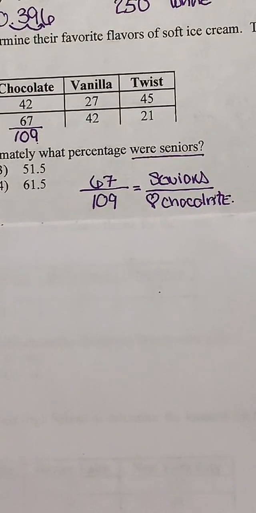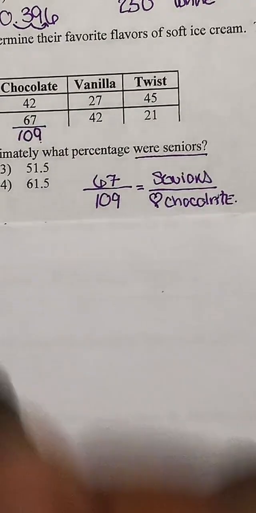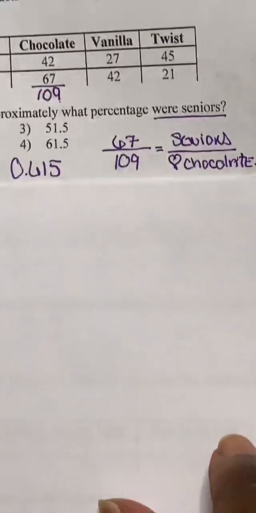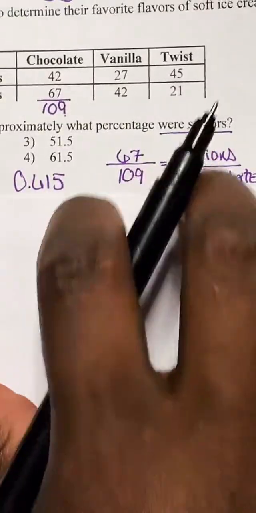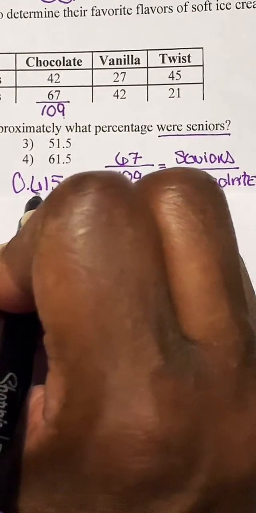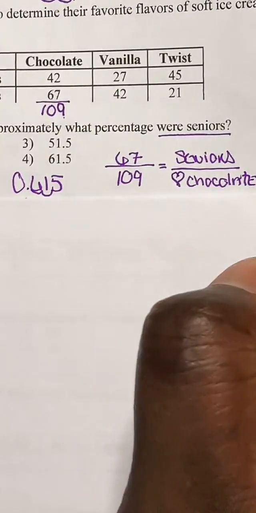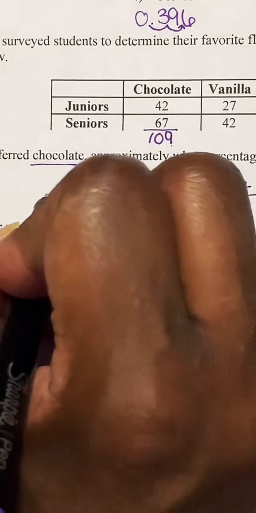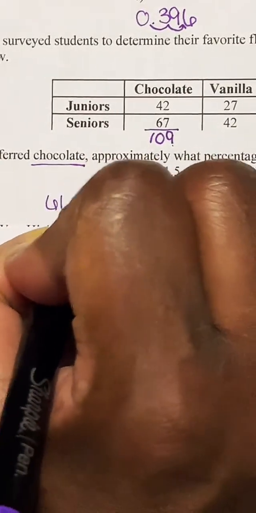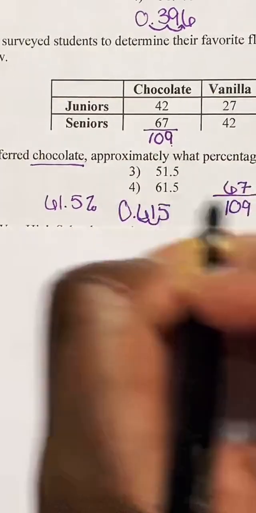So when you do your 67 and your 109, you will get 0.615 rounded, which if I move it 2 places over, because I need it as a percent, will be 61.5%.